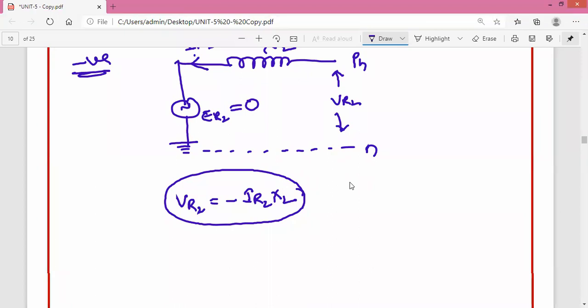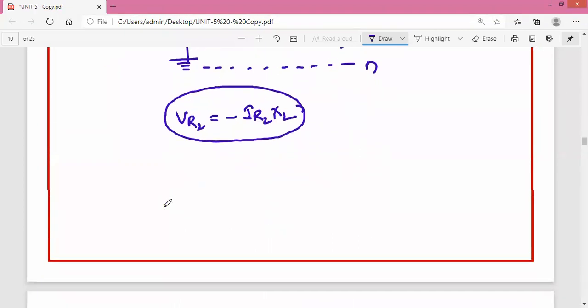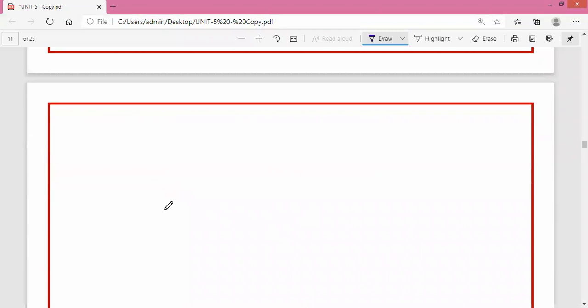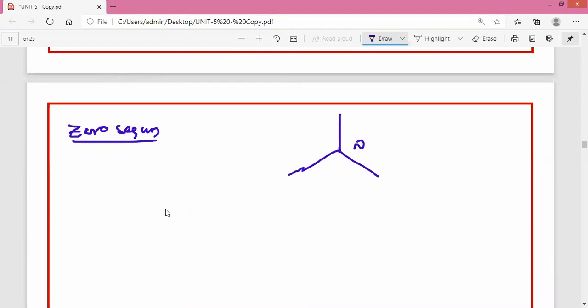Okay. And very important, the zero sequence component representation. Positive sequence and negative sequence are very easy, but compared to them the zero sequence component is somewhat difficult. So pay attention here, representing the zero sequence network. So this is the neutral, and this is the ground. The voltage with respect to neutral, I am calling Vn.